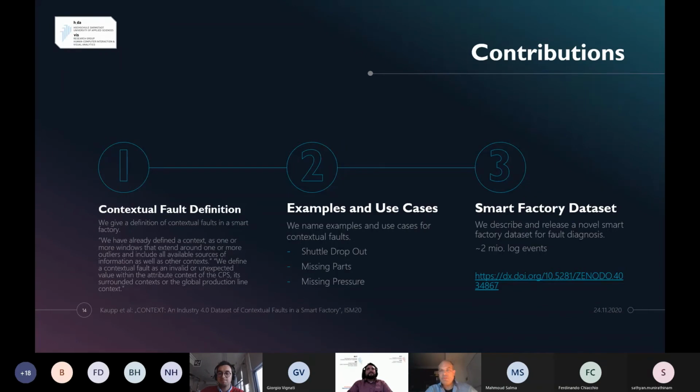Lukas, I would like to ask you, you were talking about this hierarchy that comes from the definition of context-dependent faults.